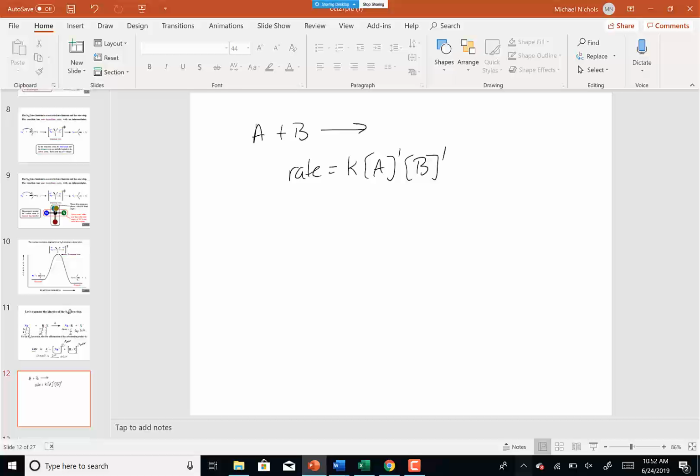What do I have to define? Well, remember, this is the overall reaction up here. What is the step-by-step description of how the reaction occurs? If I want to talk about how it occurs step by step, that's the reaction mechanism.